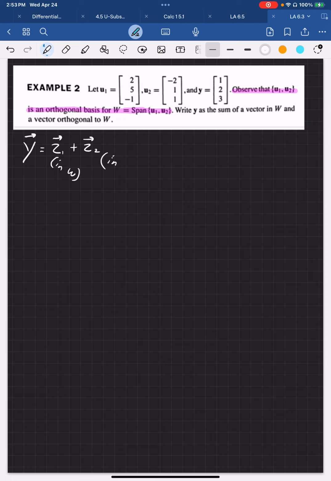I'm going to write in subspace orthogonal. So in other words, Z1 has to be in the subspace, Z2 has to be orthogonal to the subspace. All right. Well, let us go ahead and do this.